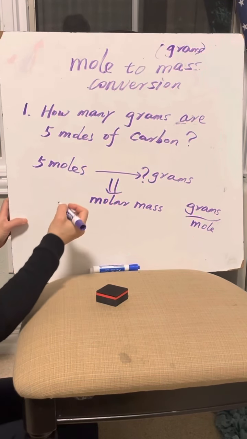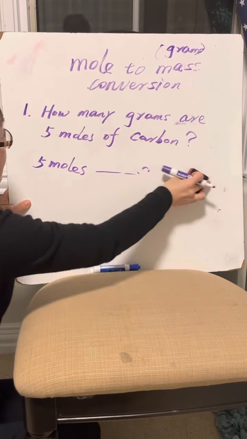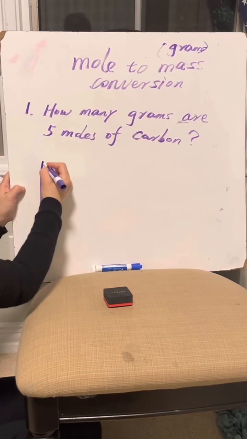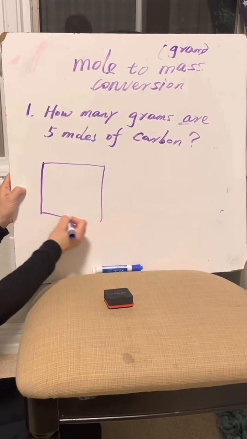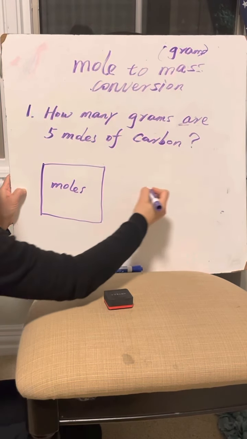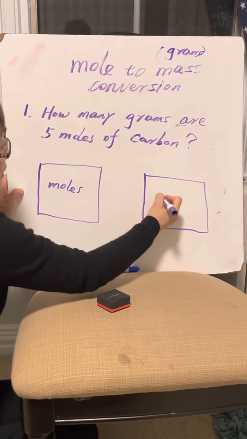Please, I'm going to get rid of this part right now. I'm going to ask you to write this down in your notebook. Please draw the same thing as what I'm doing. Write moles in a square, and I write another square, grams.